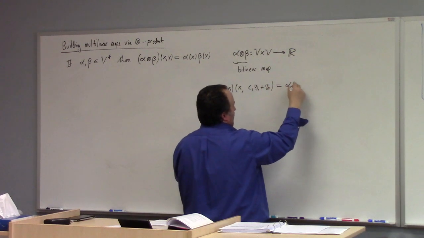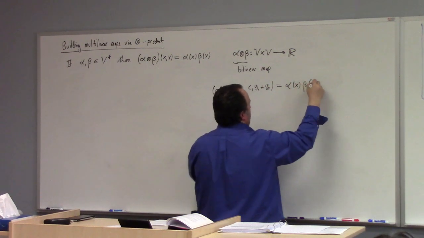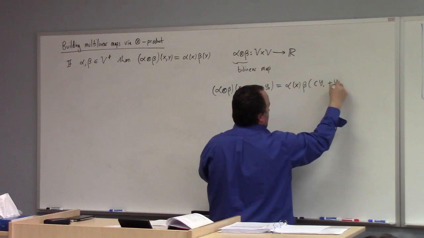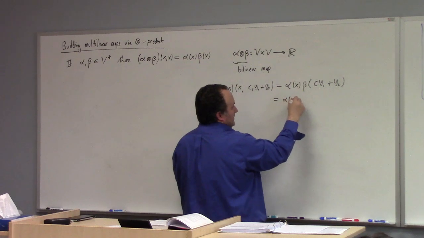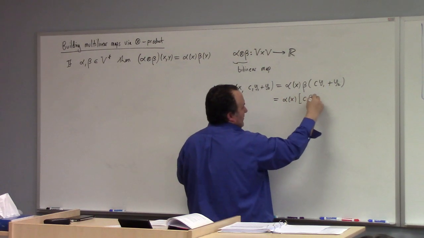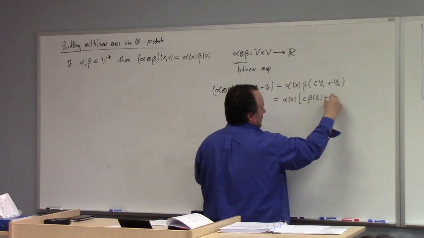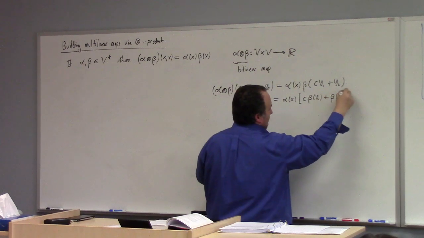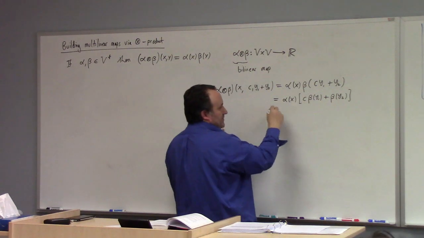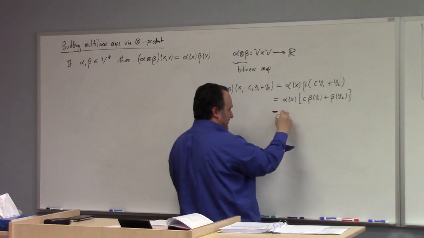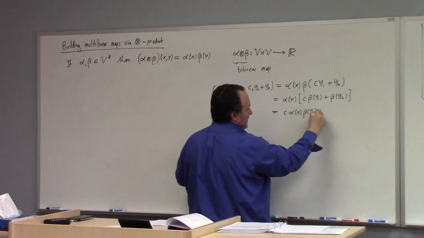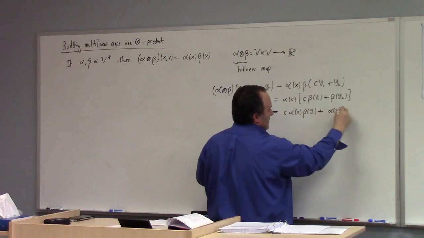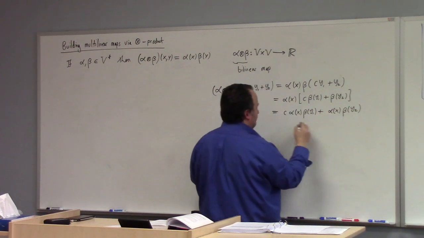Is by definition alpha of x times beta of c y1 plus y2. I mean, I can say these things, but I should write them out so you guys make sure I'm not losing you. C beta of y1 plus beta of y2, right? And then these are just numbers at this point. So I've got c alpha of x, beta of y1, plus alpha of x, beta of y2.